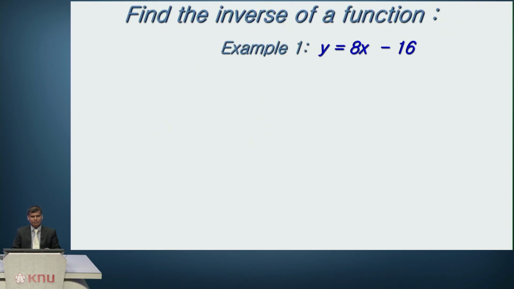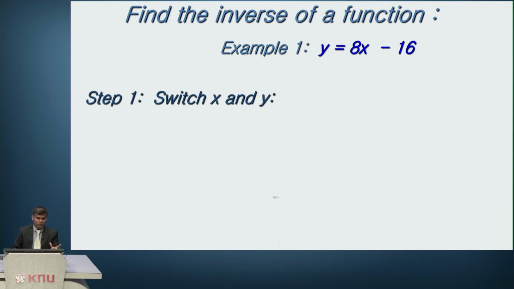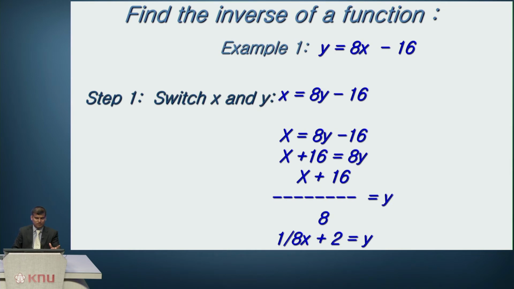So let's see whether we could find the inverse here. y equals 8x minus 16. So here again we go by the steps. As we can see, we are replacing x with y, or switching the places of x and y, and thereafter we are simplifying this whole expression in order to produce the result.